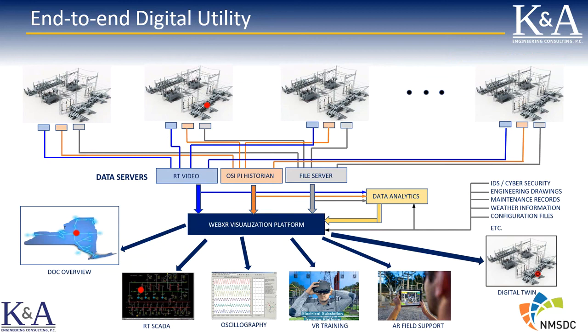Another thing you can do is use the information to create a digital twin. A digital twin is a virtual replica of a physical system. And once you create the digital twin, you can run simulations, you can test changes and new configurations. So the digital twin perfectly simulates the behavior of the object that you're replicating.